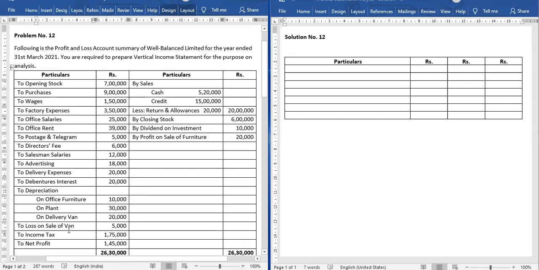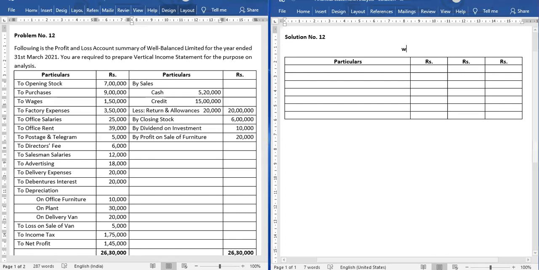Loss on sale of van, non-operating expense, and less tax. Okay. Then closing stock, less from COGS. Dividend on investment, add in non-operating income. Profit on sale of furniture, non-operating income. Yeah. Let's start the solution.